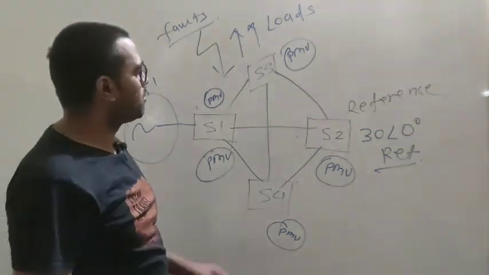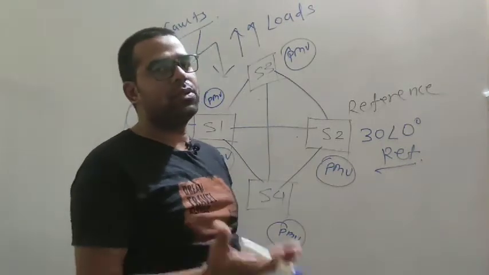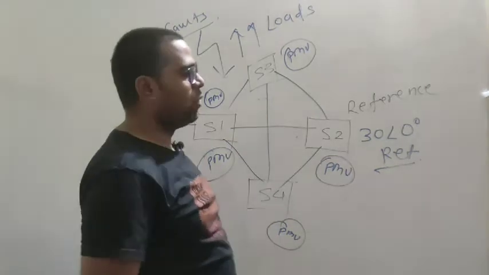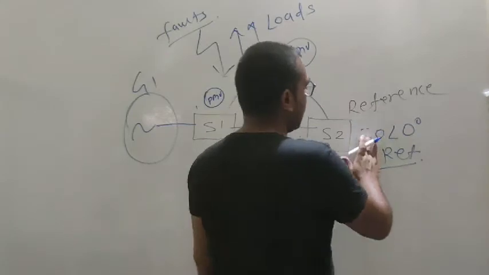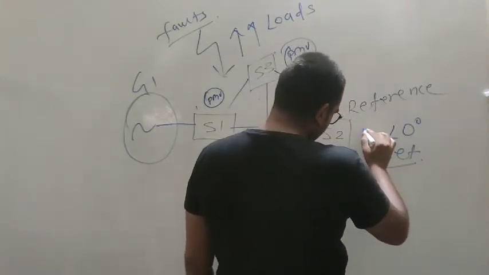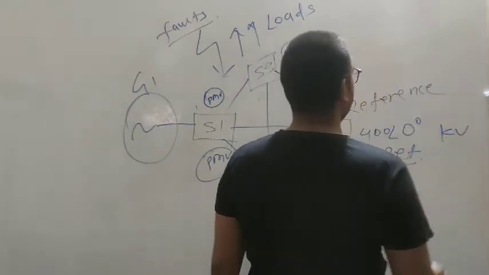Because of this fault, the voltage will change. I am changing this value, let's assume 400 kV. This is a 400 kV line at an angle of 0 degree.